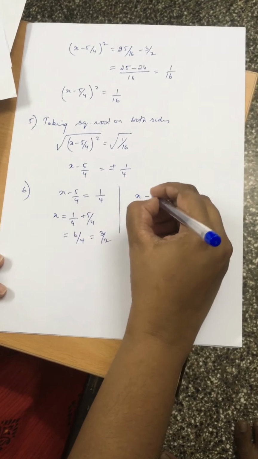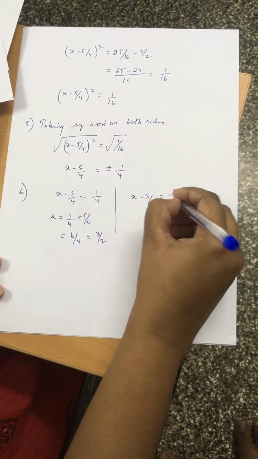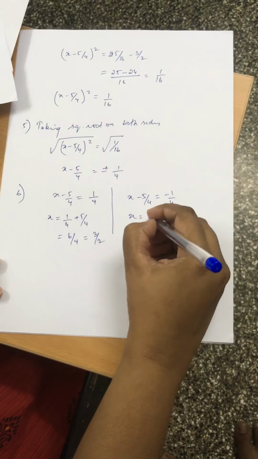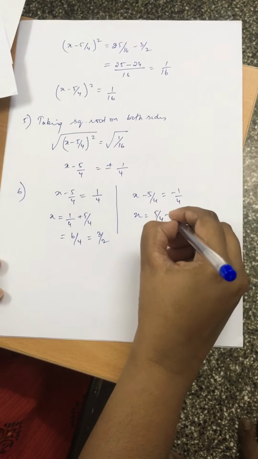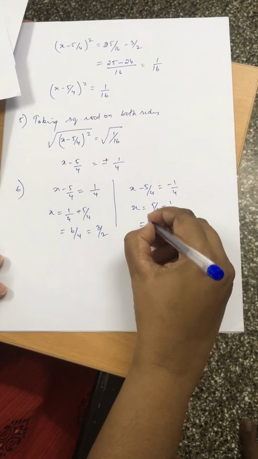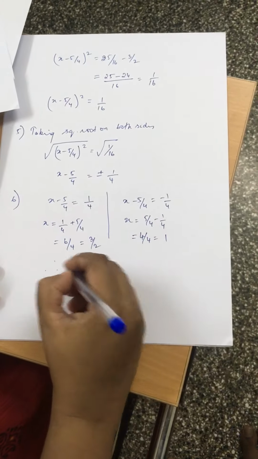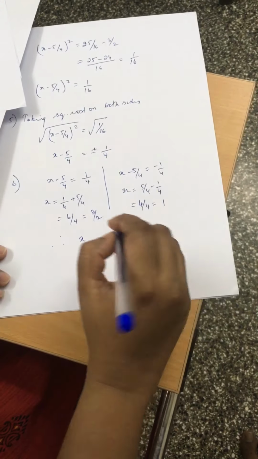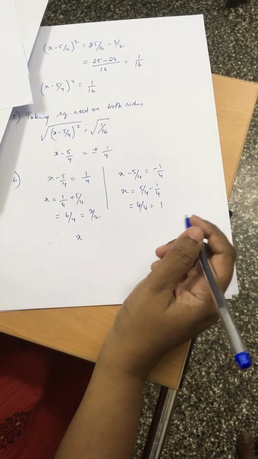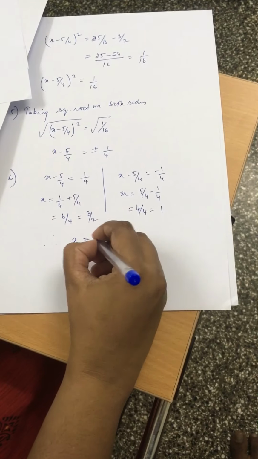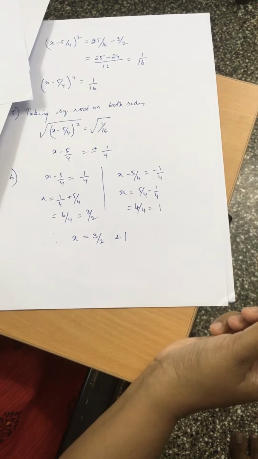What if I choose the minus sign? That's 1. So there you have it. Roots of the quadratic equation are 3 by 2 and 1.